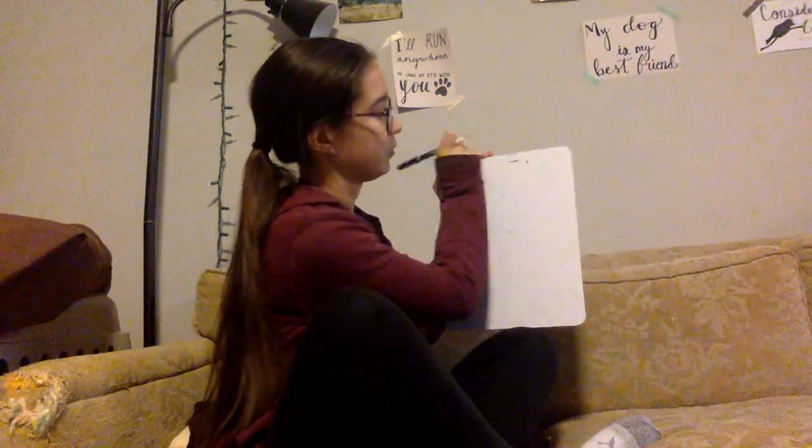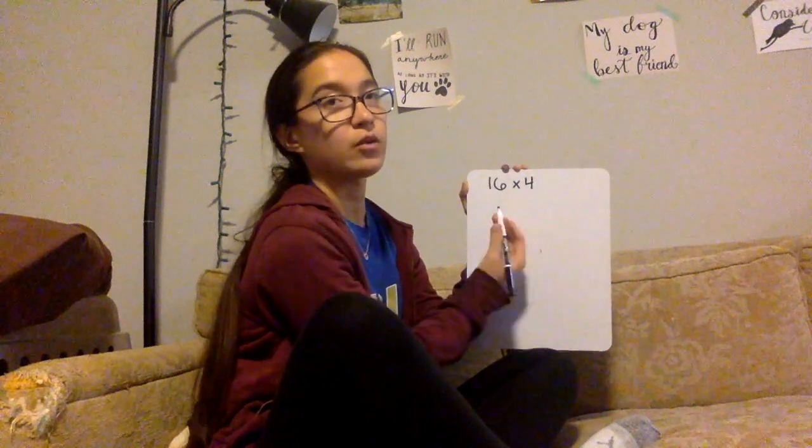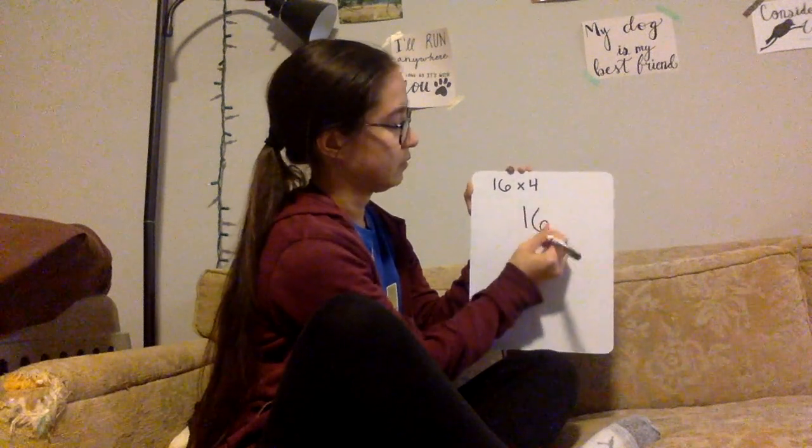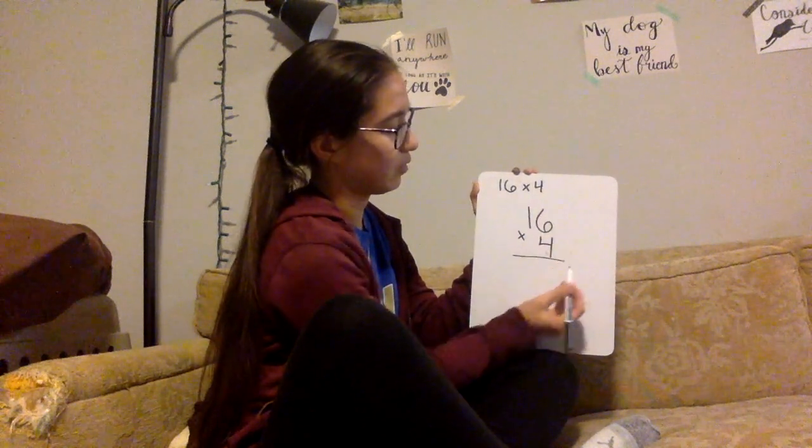Let's try another one. Let's try 16 times 4. This is written horizontally, so I'm going to write it vertically. 16 times 4. Ones place is lined up, tens place is lined up, so I can start. 4 times 6 is 24.